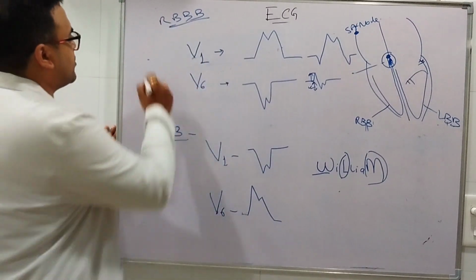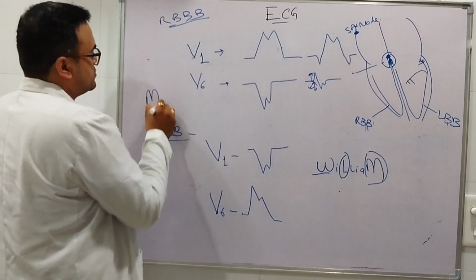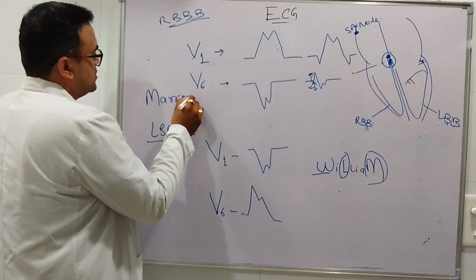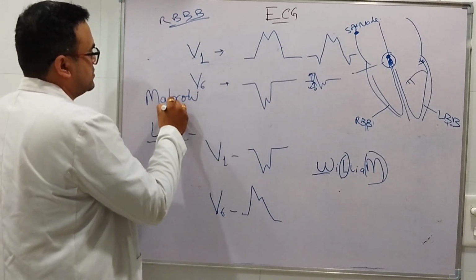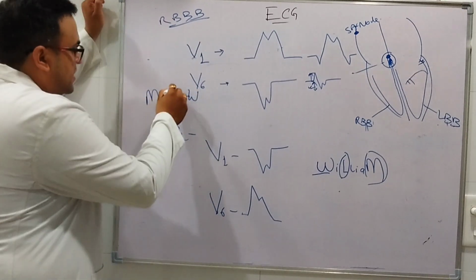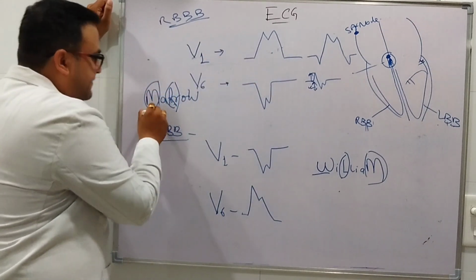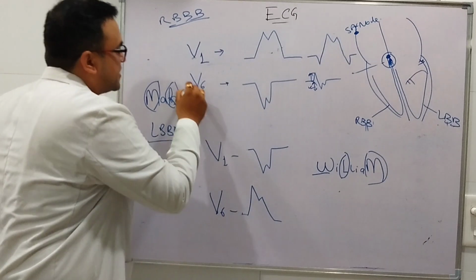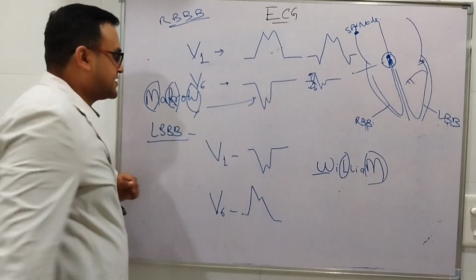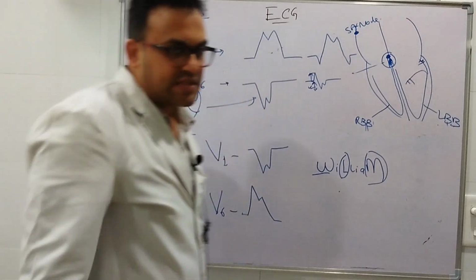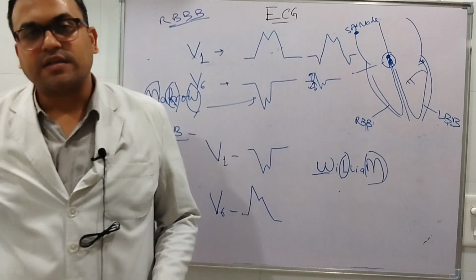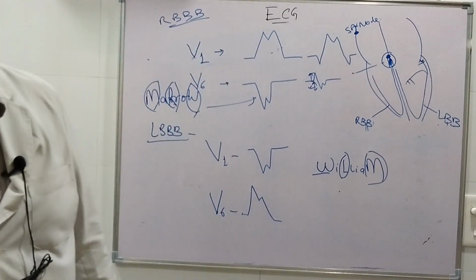For right bundle branch block, the mnemonic is Marrow. So in right bundle branch block, the M pattern will come first in lead V1 and the W pattern will come next in V6. So William Marrow is the mnemonic to remember the left bundle branch block and right bundle branch block.